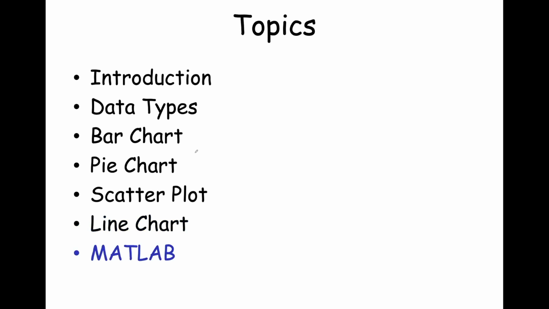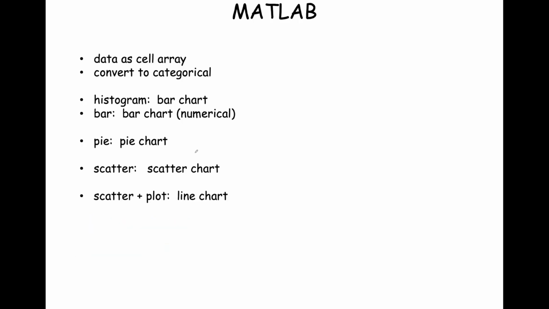Okay, so MATLAB has different methods for how you present data. You can have it as a cell array, which is an array of arbitrary objects. Could be characters, could be numbers, could be strings, and so forth. You can convert these to categorical in MATLAB quite easily. You can plot histograms.